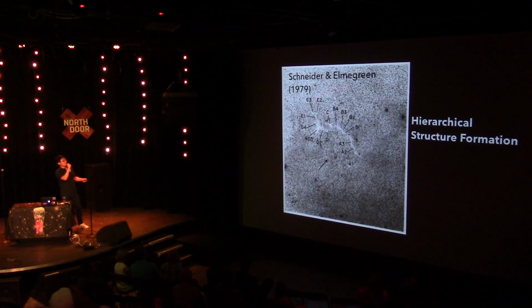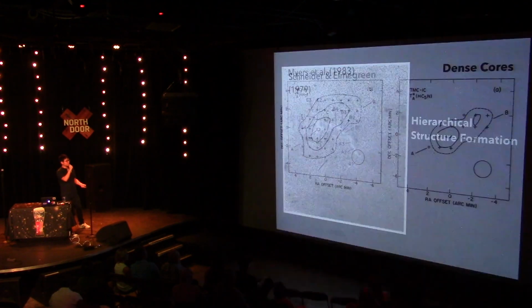Whenever you find a large object, it's more likely that it breaks into smaller and smaller substructures instead of the entire structure collapsing and forming stars.